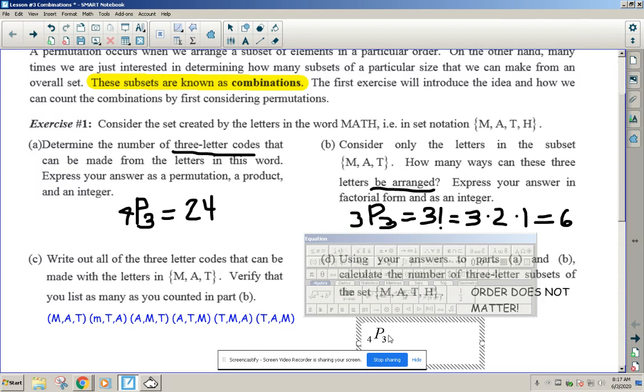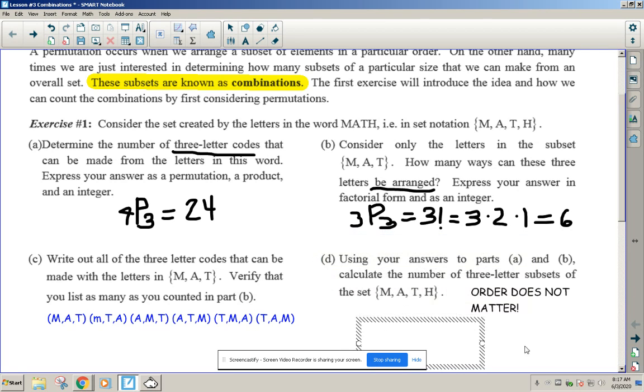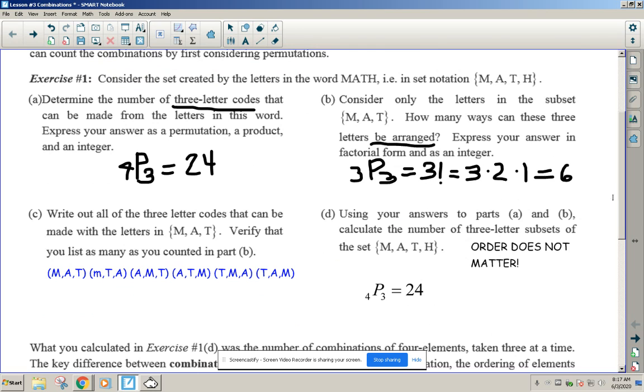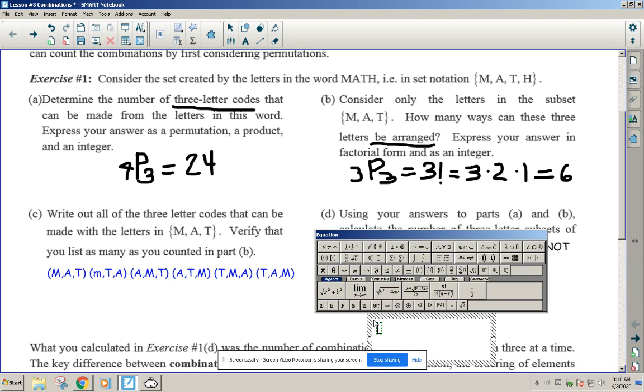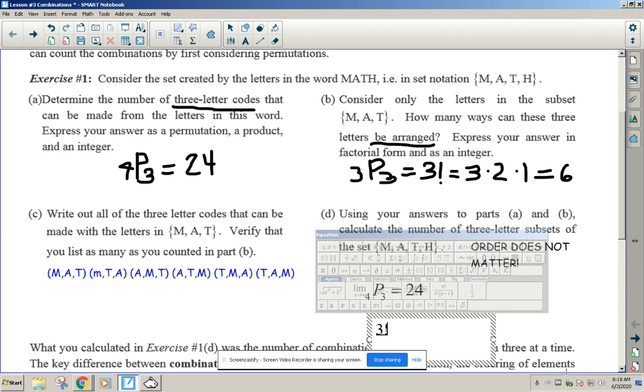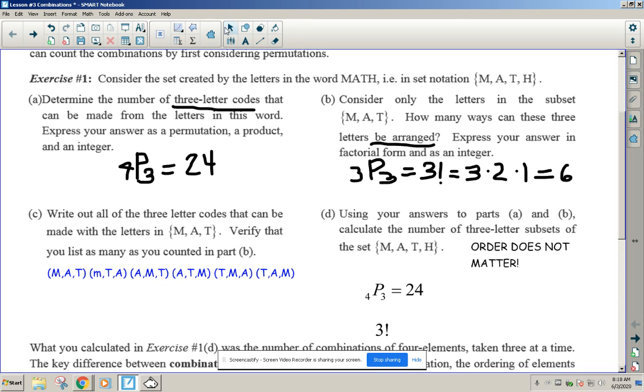And then below that, they're now saying if I then take part B and I put it underneath, 3 factorial, which happens to be 6.